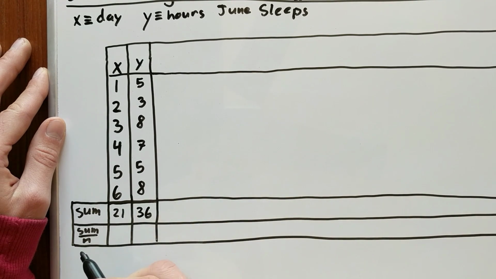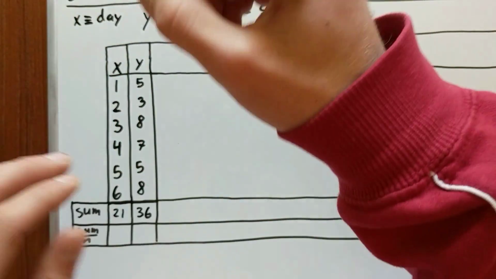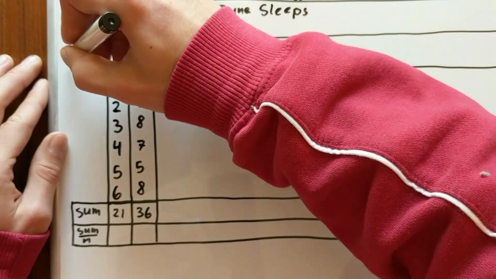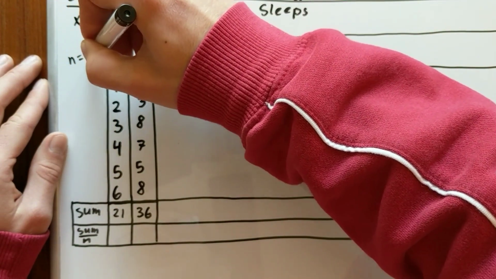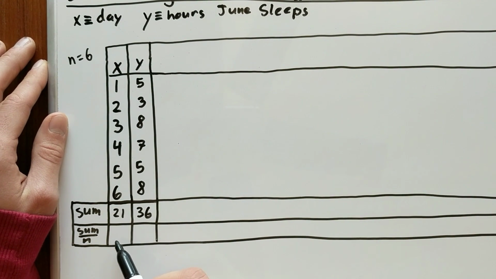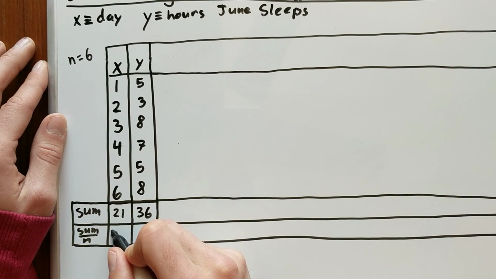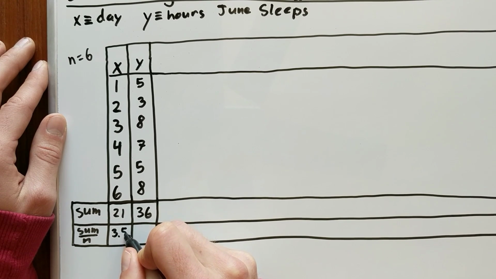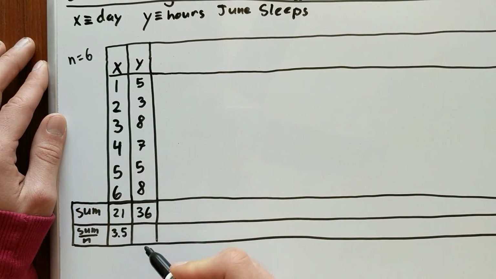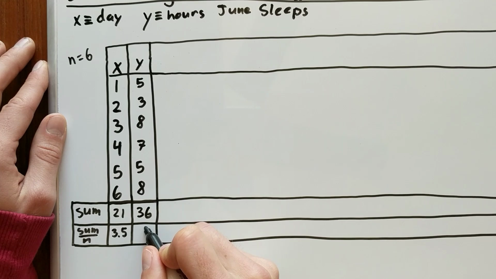And the total number of observations is 6, so n equals 6. 21 divided by 6, I needed a calculator for this one, turned out to be 3.5. And 36 divided by 6, that one we know, is 6.